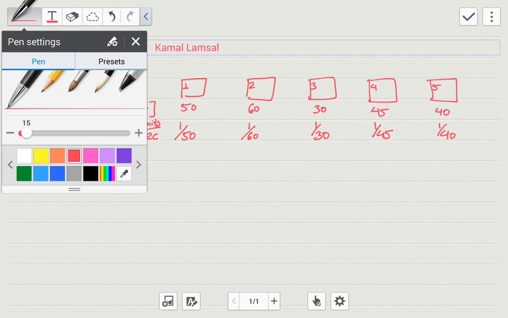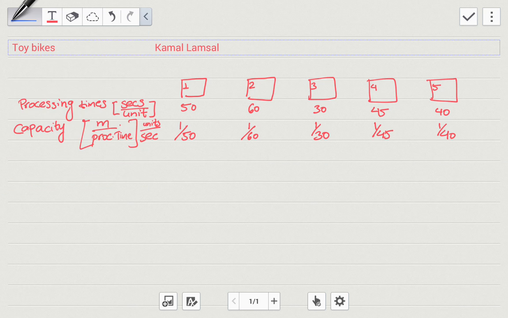Let's calculate capacity in terms of units per minute first. We have capacity expressed as units per second, and we want to go to units per minute. How do we get there?